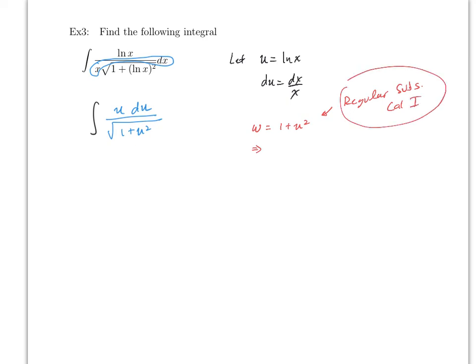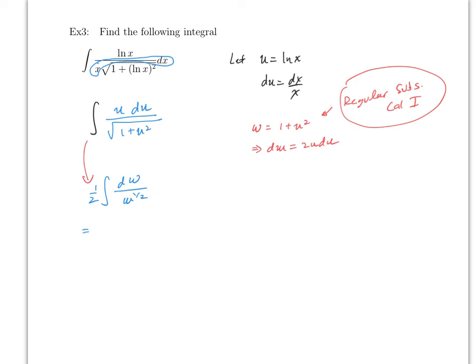Therefore dw will be 2u du. So from here this becomes the integral of 1/2 du, or 1/2 the integral of, not du, it should be dw over w to the 1/2, or the square root of w.